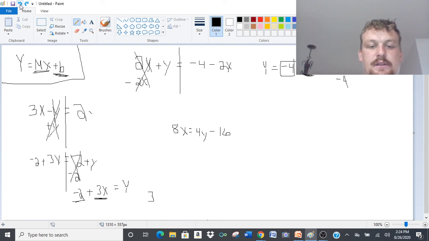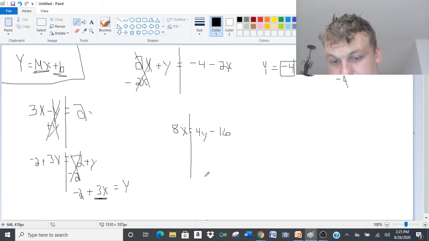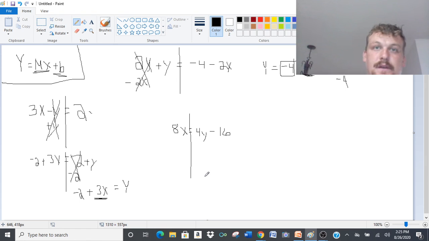Now moving on, to give myself some more space. There we go. Now moving on to a little bit harder. First things first, draw your line. Now you determine, is our y positive? It is positive, but it has a little 4 attached to it. So anytime a number is attached to y, get that all by itself first, and then you can work on dividing it.